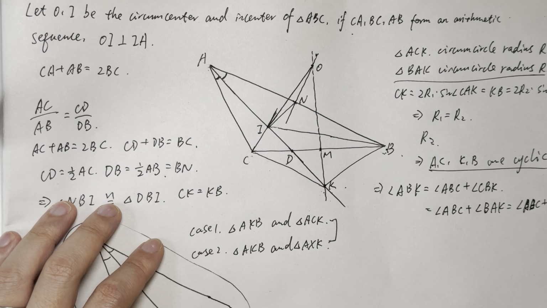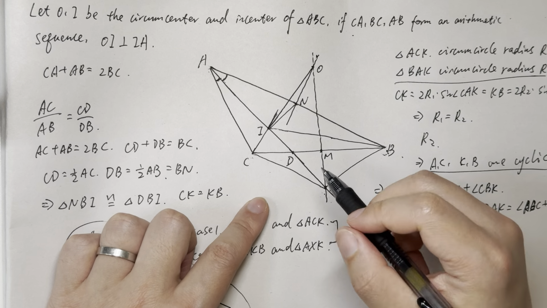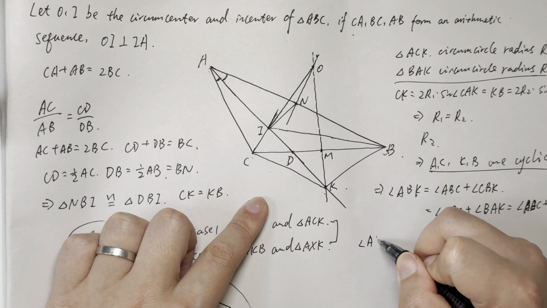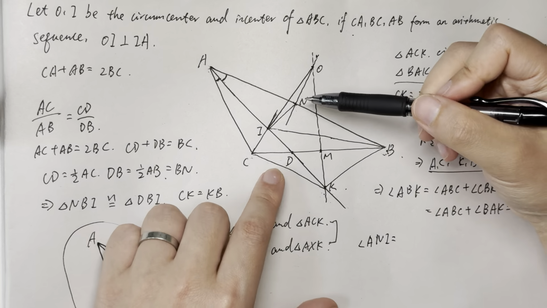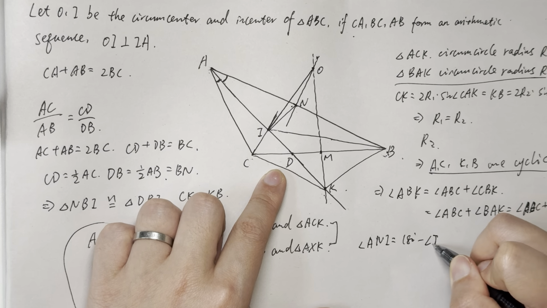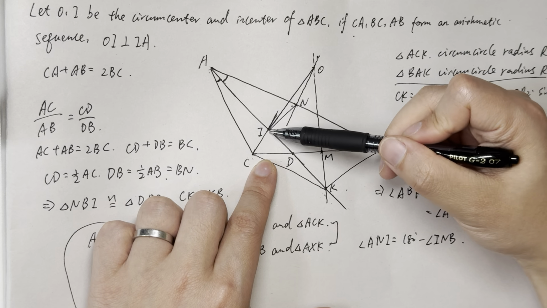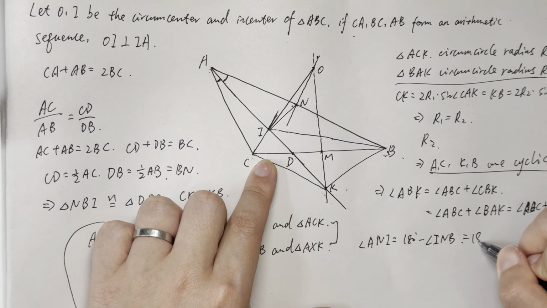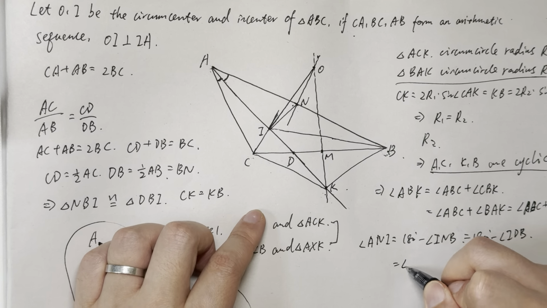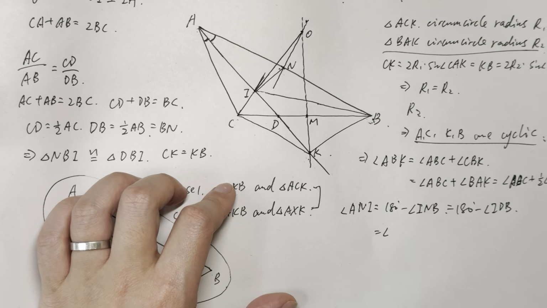And let's look at angle ANI. Angle ANI is 180 degrees minus angle INB. And we already know that angle INB equals angle IDB. So it equals 180 degrees minus angle IDB, which equals angle ADC, right?